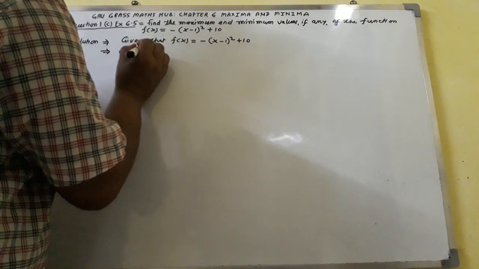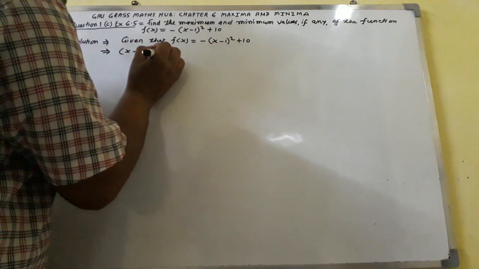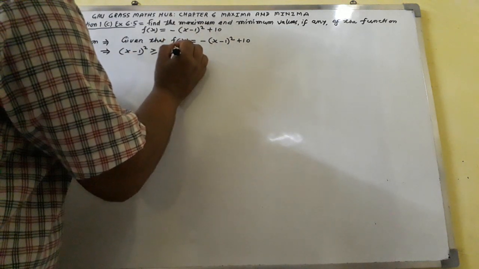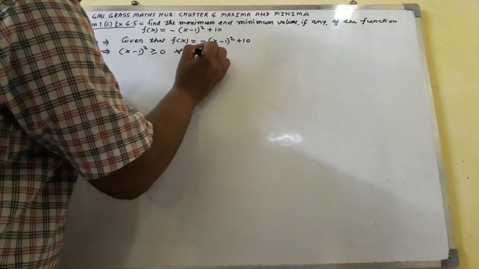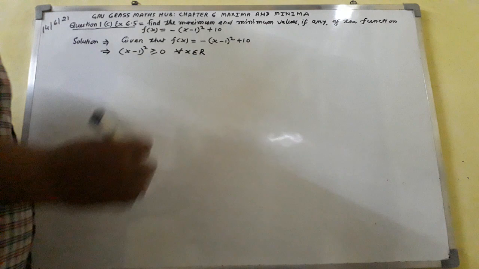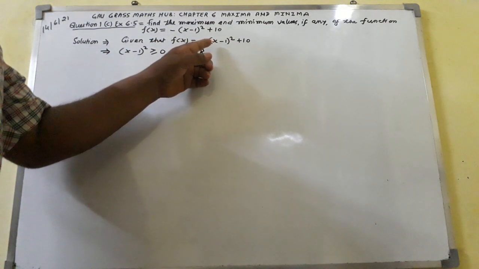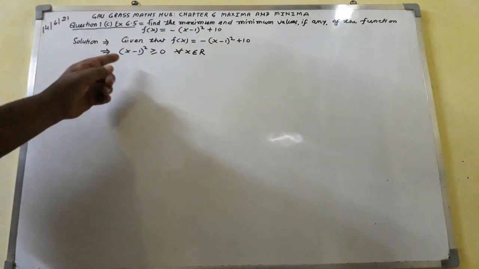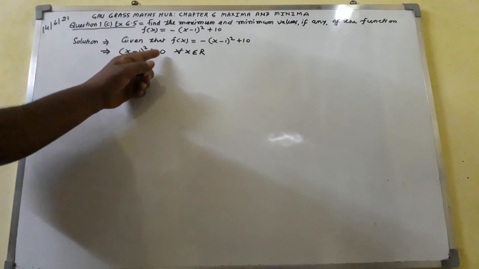(x minus 1) whole square will be greater than or equal to 0 for all x belonging to the set of real numbers. Here you can see, for the first term without the minus sign, I have taken (x minus 1) whole square, which is greater than or equal to 0.